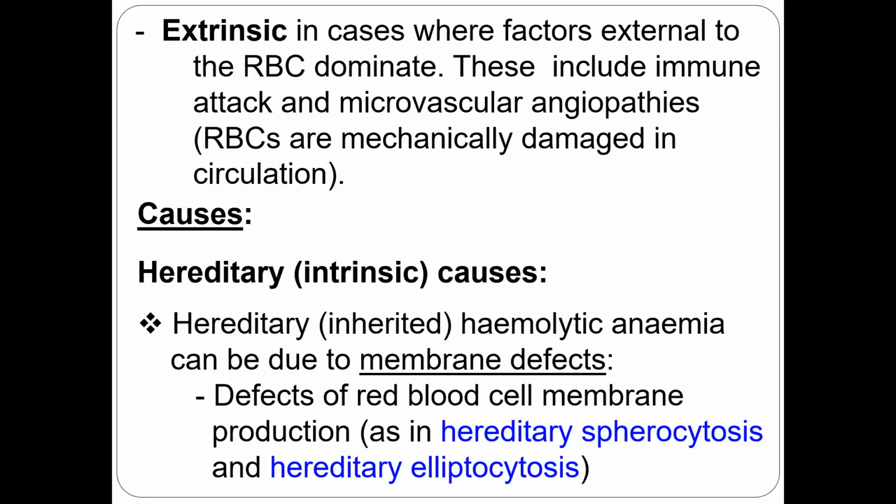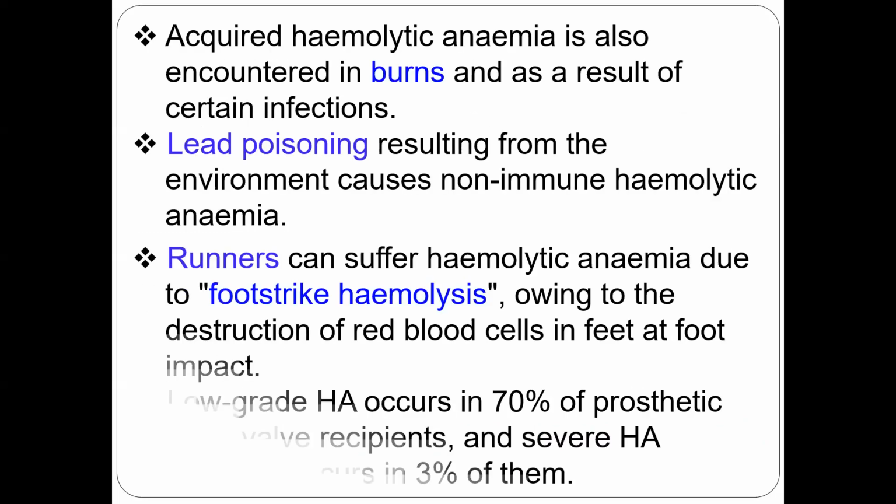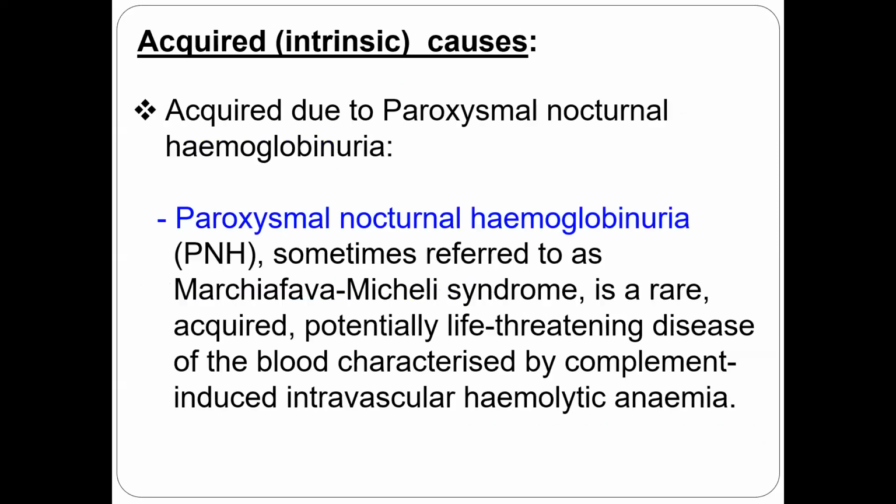Okay, I was talking about hereditary disease. A potentially life-threatening disease of the blood is characterized by complement-induced intravascular hemolytic anemia. In fact, I have not been discussing the process of the hemolysis. That is a different matter. Mostly, you learn that in immunology, so that is not what we are doing.